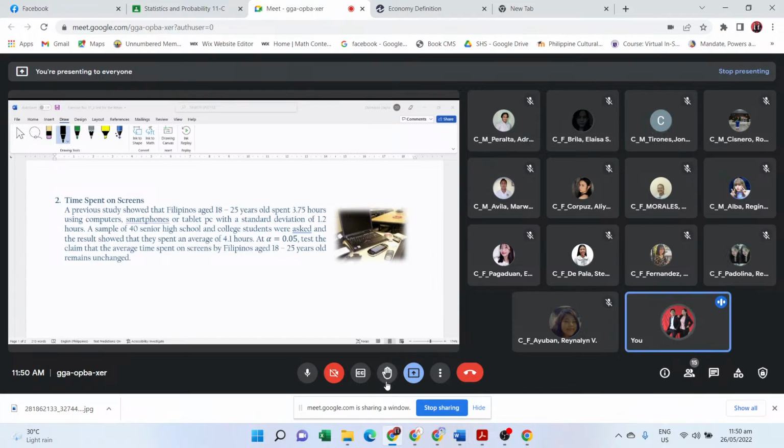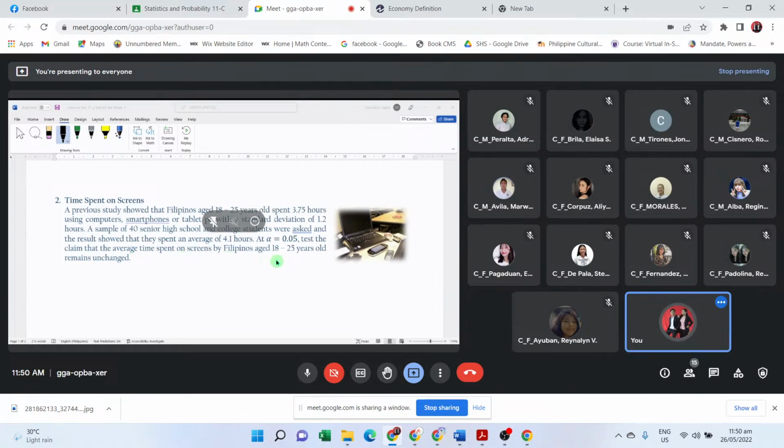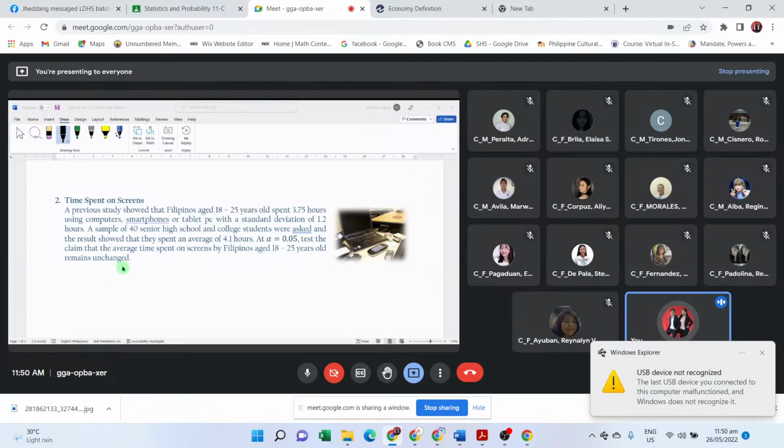Sige, thank you. So, look at the last sentence here. Test the claim that the average time spent on a screen by Filipinos aged 18 to 25 years old remains unchanged. There is no change. It's not specifically mentioned, just like in number 1, na more than.